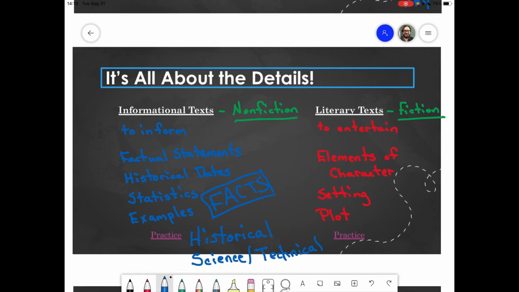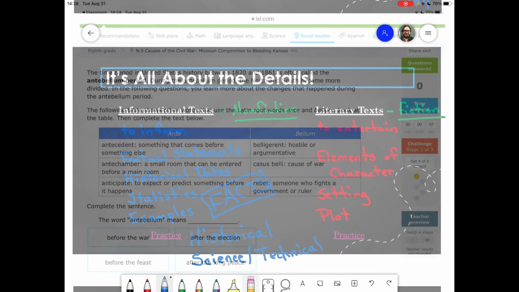So again, historical texts focus on events and people from history. Science and technical texts tend to focus on information surrounding topics within the field of science or the technical aspects of a piece of machinery or something that gives us step-by-step how to complete a particular action.